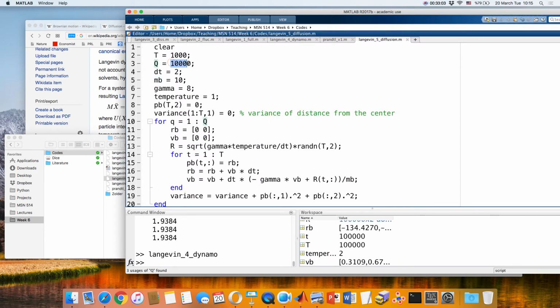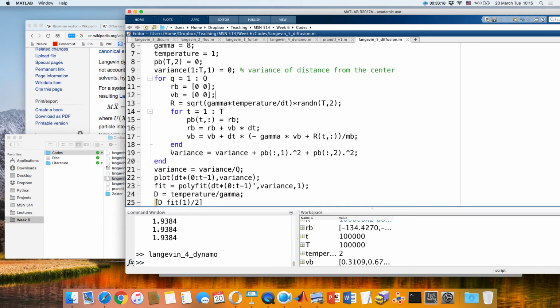So how many time steps am I taking? 10 million, right? Because I will repeat it 10,000 times, and each time I will go 1,000 steps. And variance will keep adding up, and then I will take the average of the variance, and I will plot it with respect to time.